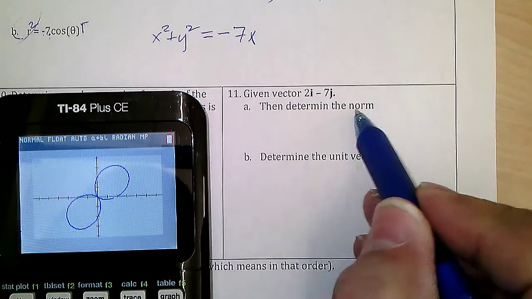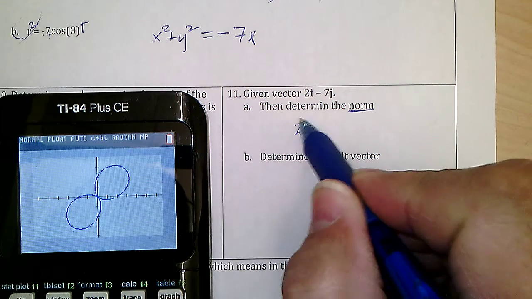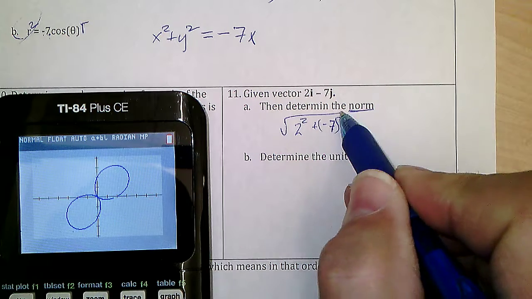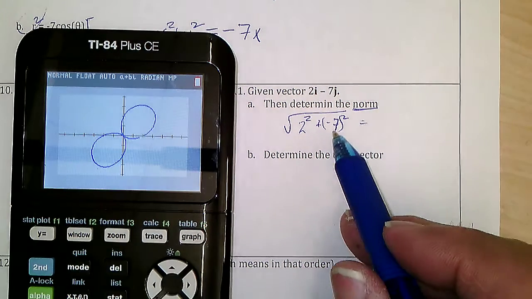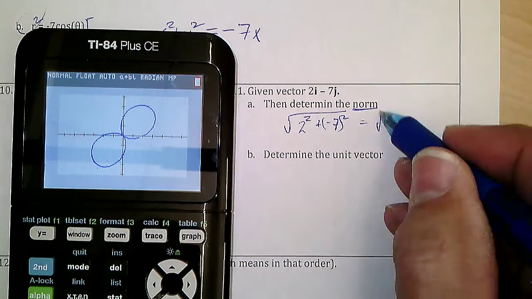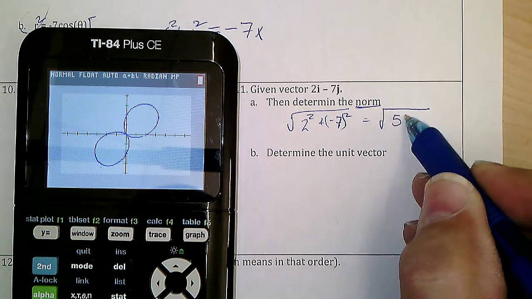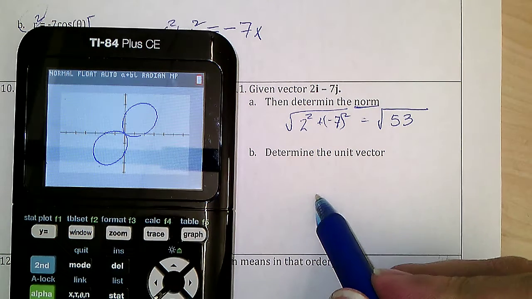Determine the length of this, the norm of this. That is just the square root of 2 squared plus negative 7 squared. So it would be the square root of 4 plus 49, which is square root of 53. You can get decimal for it if you want.